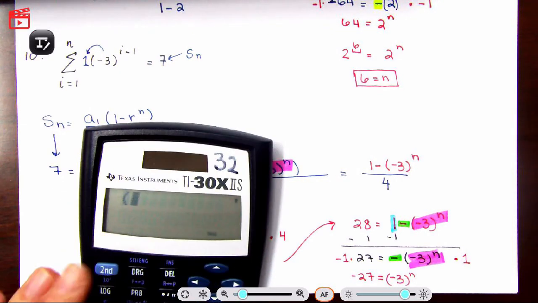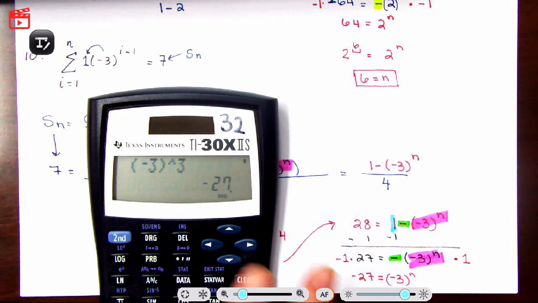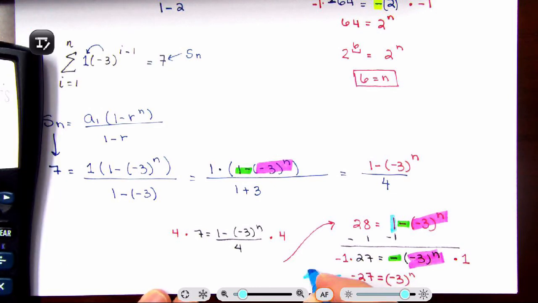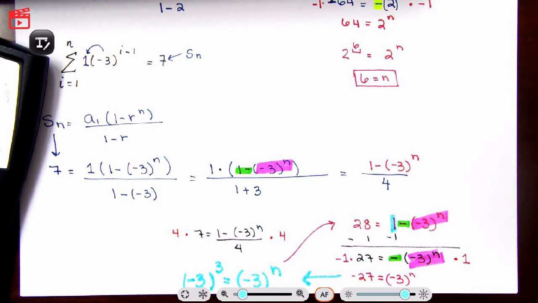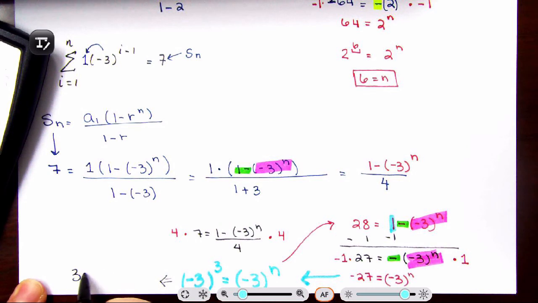So -3 to, I think it's 3. Haha, it is 3. So that means, again, I'm running out of space here, but that means that -3 to the third power is equal to -3 to the nth power. And that means that 3 is equal to n.